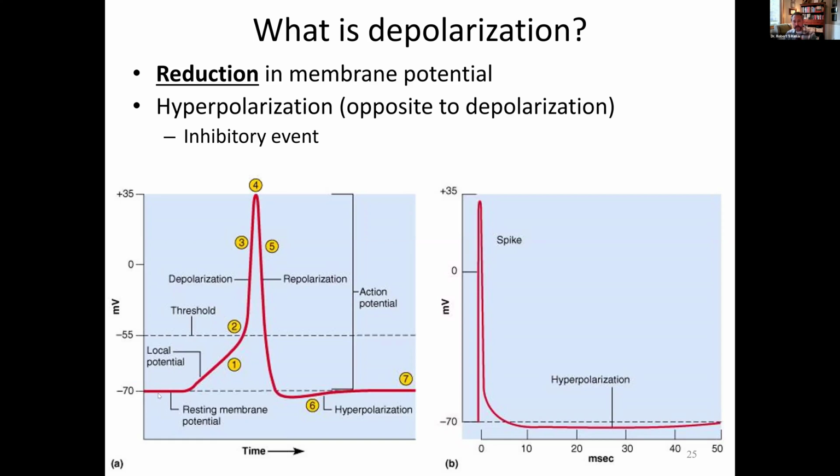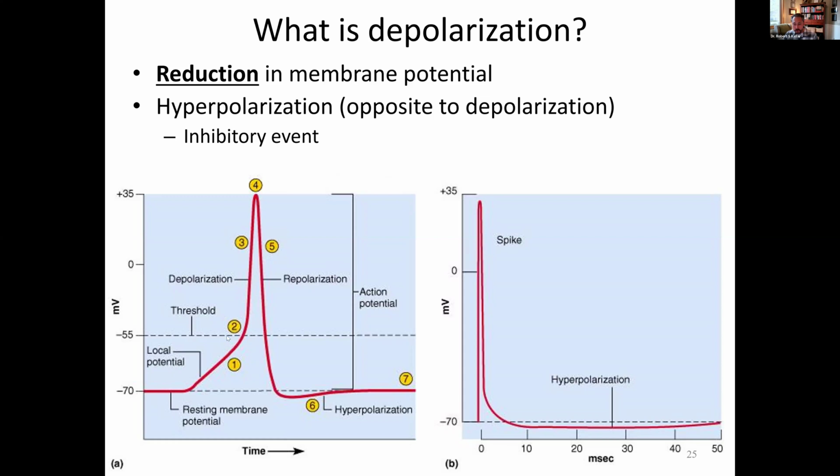And the sodium-potassium ATPase pumps help to maintain this resting membrane potential. Now you can see local potentials will come in where you'll get a signal, a ligand, or a voltage that will slightly depolarize the membrane. And a local potential or a graded potential will summate or add together here in this area of stage 1.